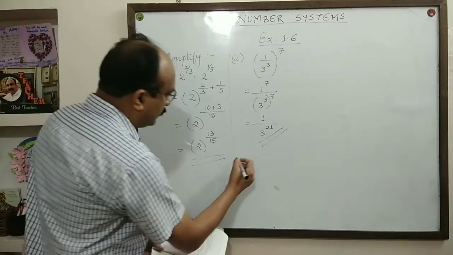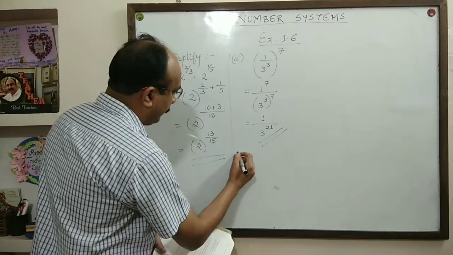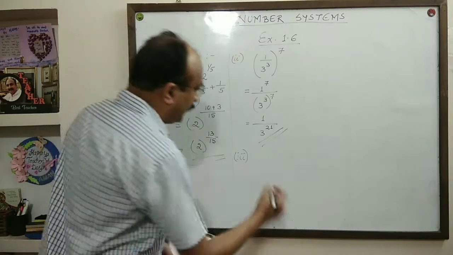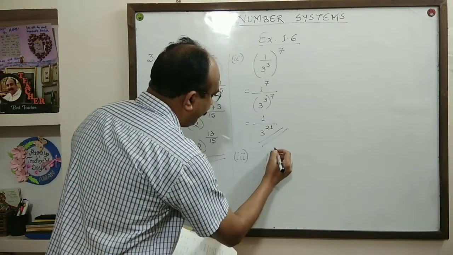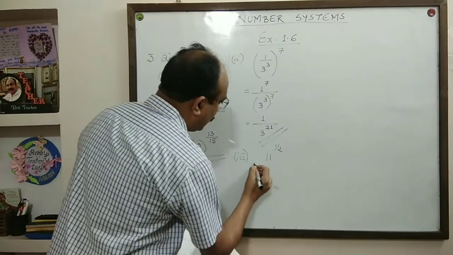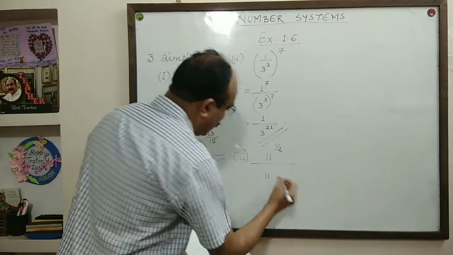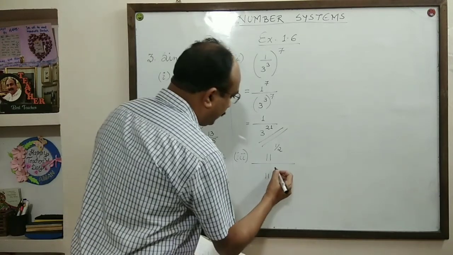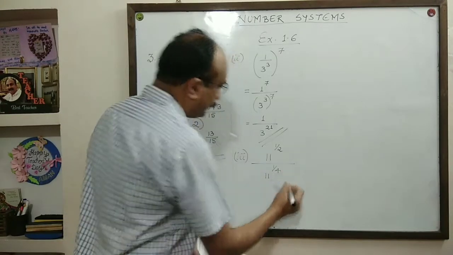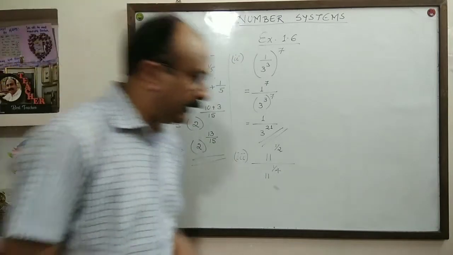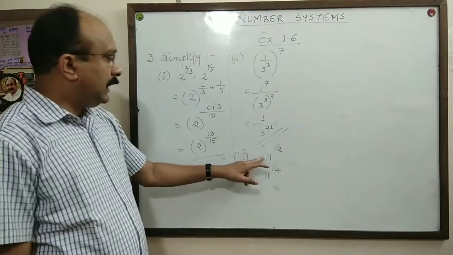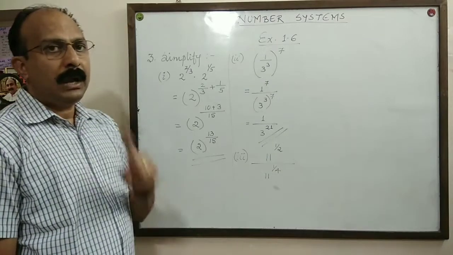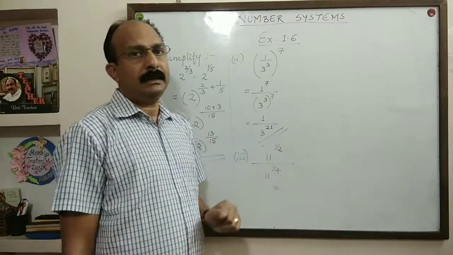And the third question is 11 power 1 upon 2 upon 11 power 1 upon 4. It is also like a power p upon a power q. Upon means subtract.